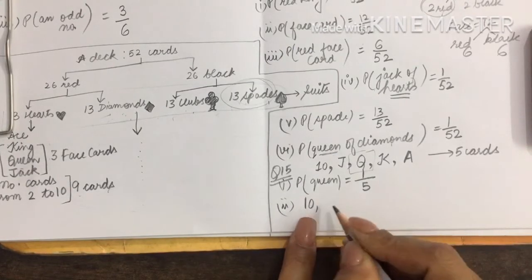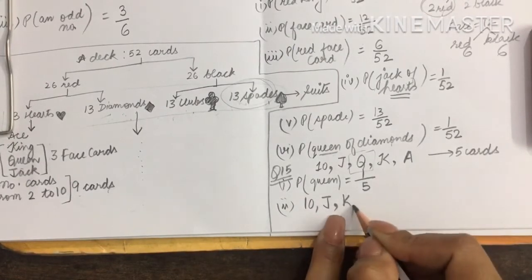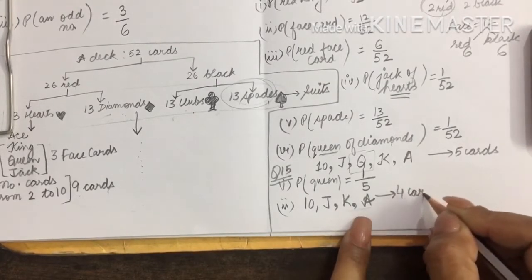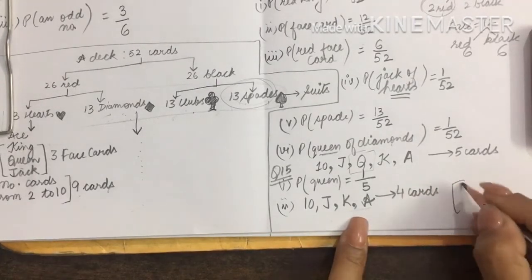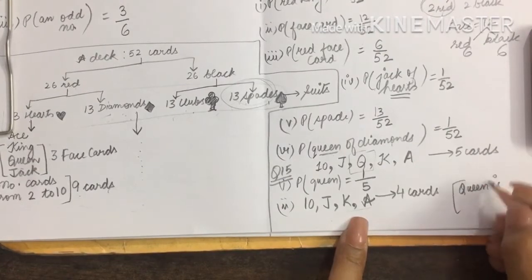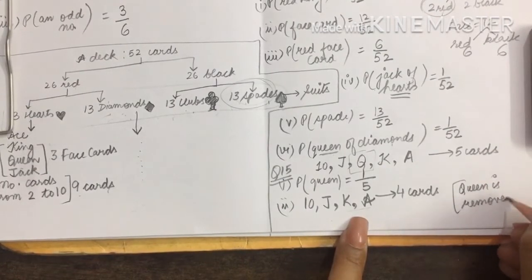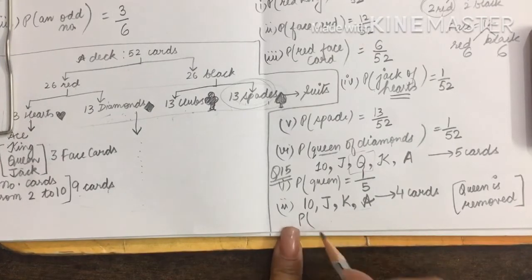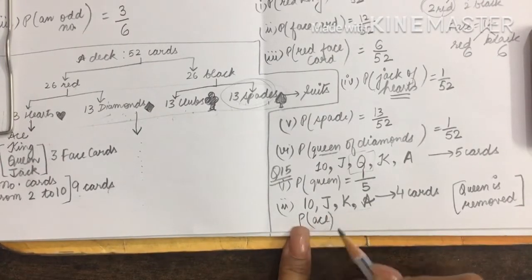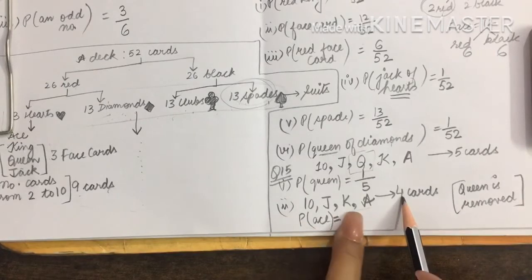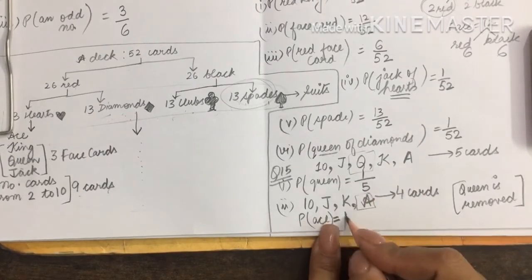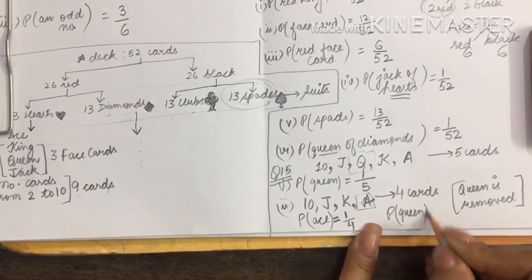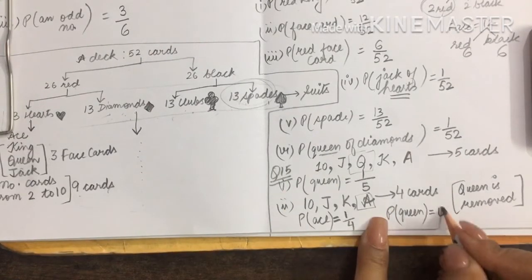We are left with 10, jack, king and ace. Now we have only 4 cards left. Now write the probability of getting an ace. Out of 4, how many aces do we have? We have 1 ace. And what is the probability of queen now? There is no queen here, so this will be 0.